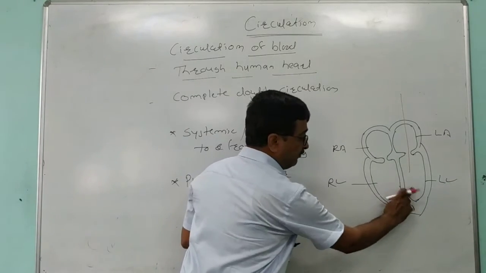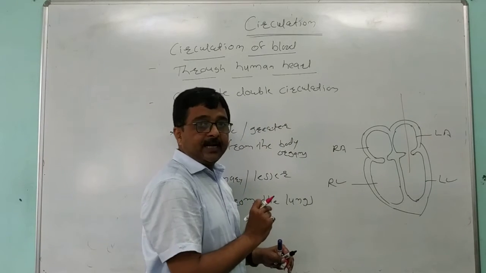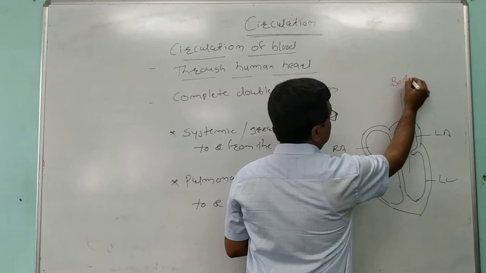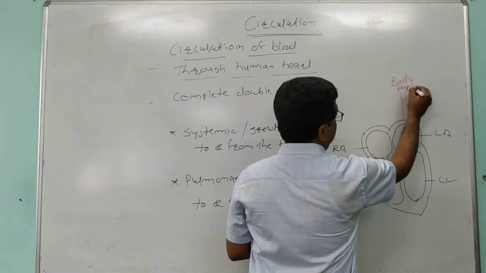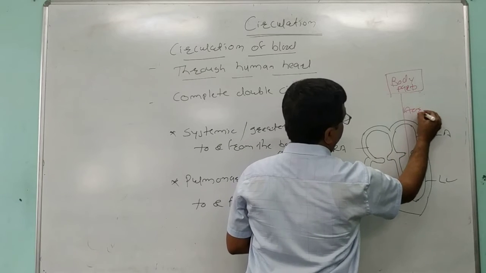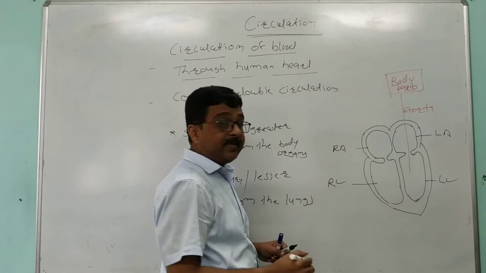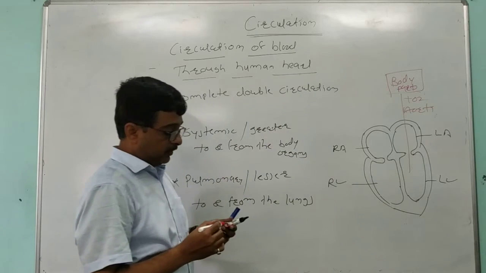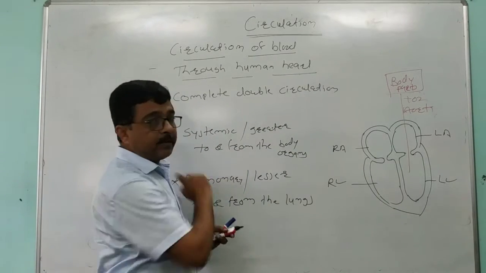So from the left ventricle, oxygenated blood is carried towards body parts with the help of the aorta. And the type of blood is oxygenated blood. So what happens in the body parts?